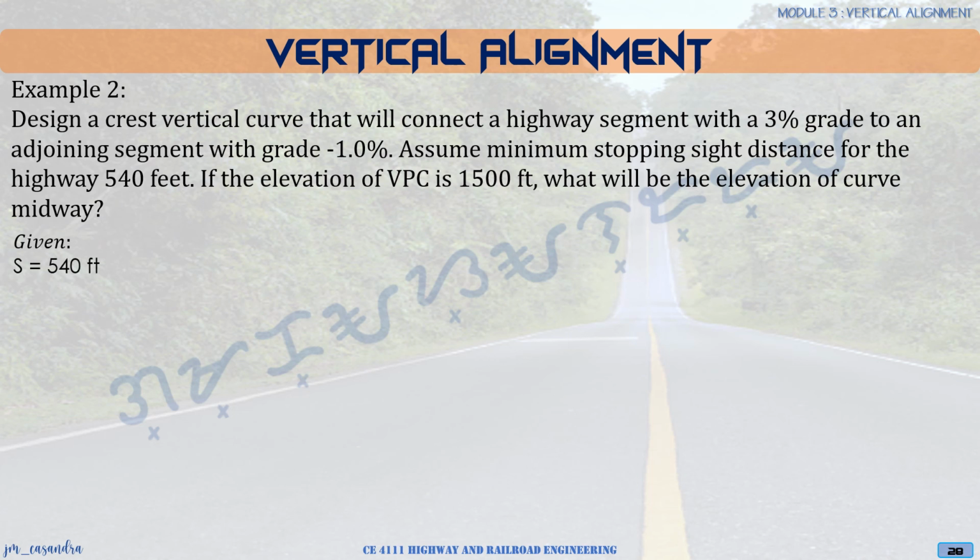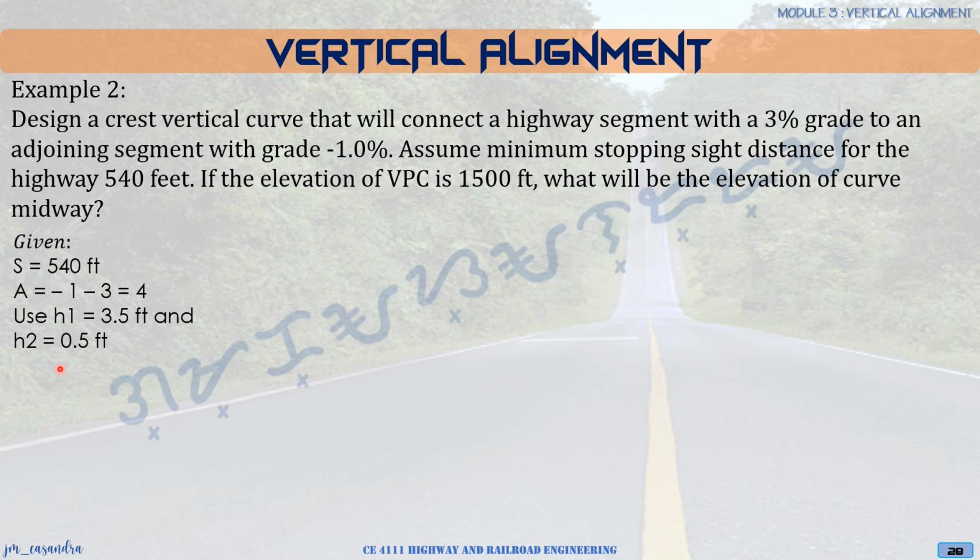For our given, we're given the stopping sight distance, 540 feet, and we have an A, which is negative 1 minus 3, absolute value, so we get 4. We use now H1 is 3.5 feet and H2 is equal to 0.5 feet.